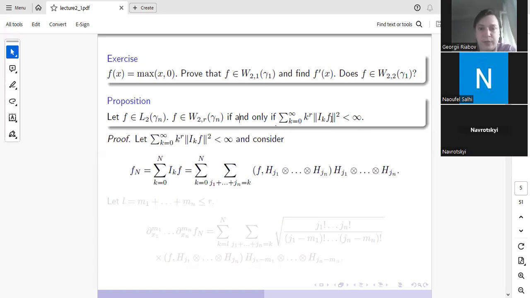First, assume that the sum converges, and we know that in L2, f is represented as a sum.